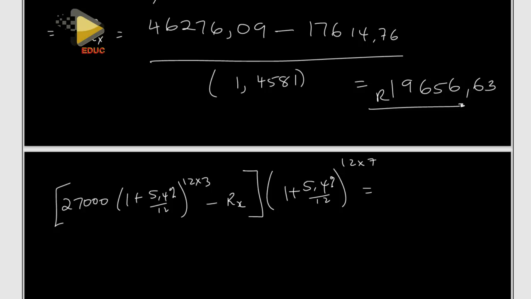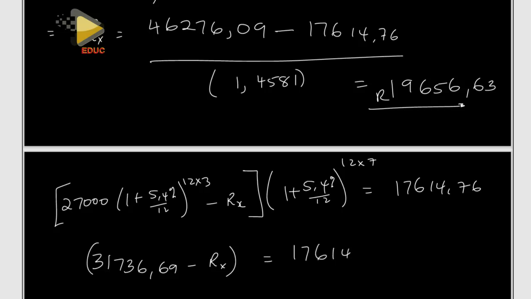After that we have the 17,614.76. Let's confirm this and see if we get the same thing. So 27,000 into 1 plus 5.4% over 12 to the exponent of 12 times 3. I'm getting 31,736.69. I'm subtracting x.